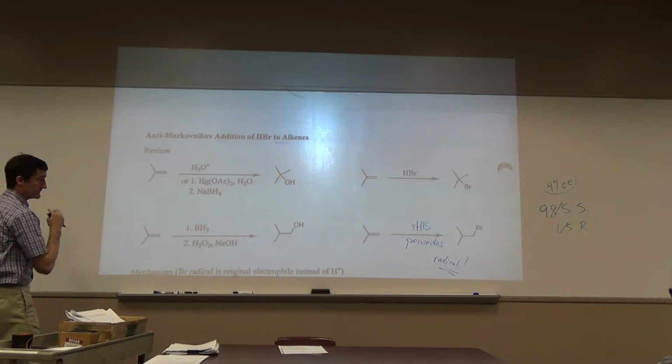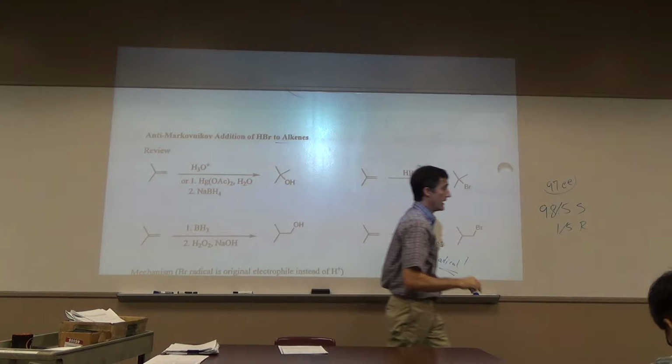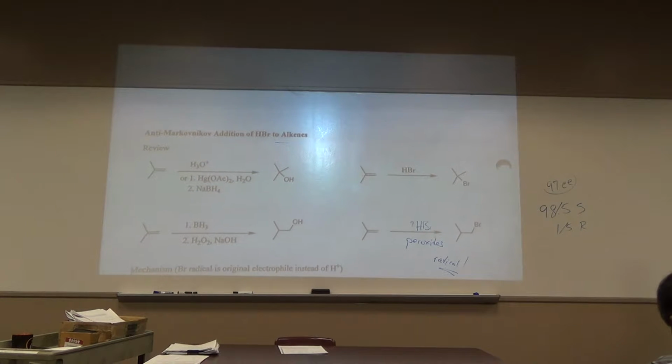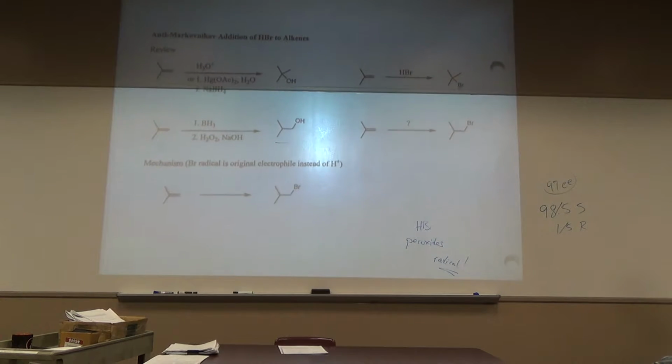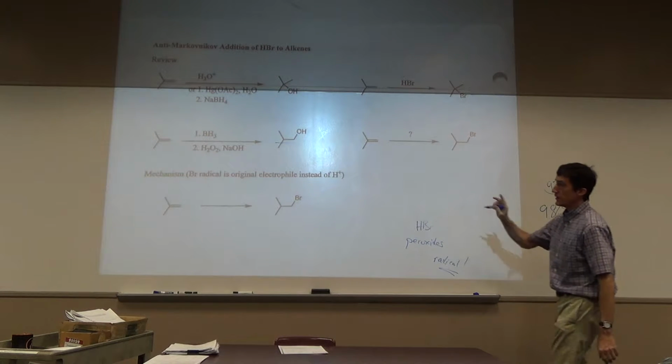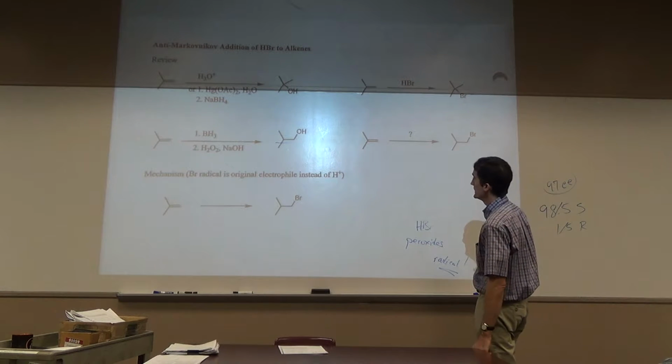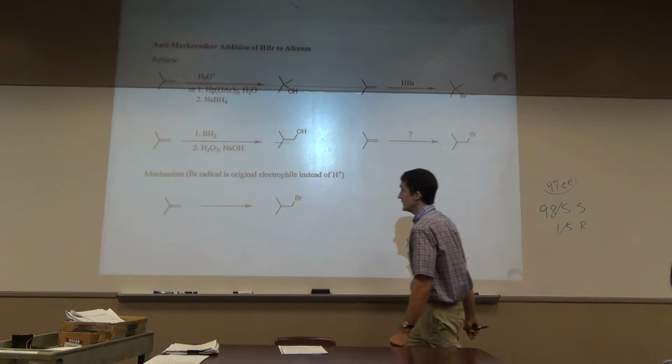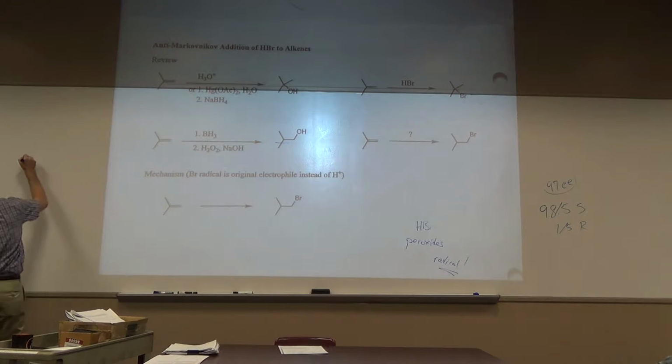Okay, let's look at the mechanism. Ultimately, instead of H+ being the initial electrophile, Br radical is the initial electrophile. How do we get Br radicals? From HBr. There are different mechanisms you can show to get Br radicals from here.